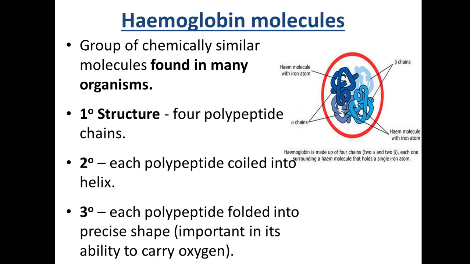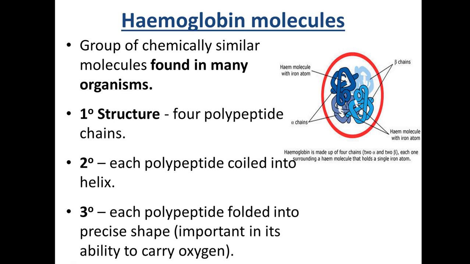So if we look in detail at the structure of a haemoglobin molecule, the primary structure is that it's got 4 polypeptide chains. The secondary structure is that 2 of those are coiled into alpha chains and 2 of them are beta chains. So they're coiled into helices.